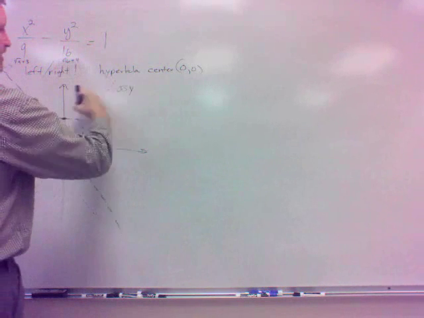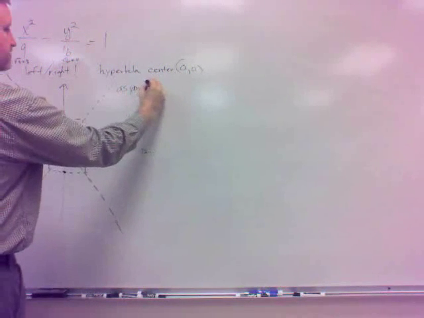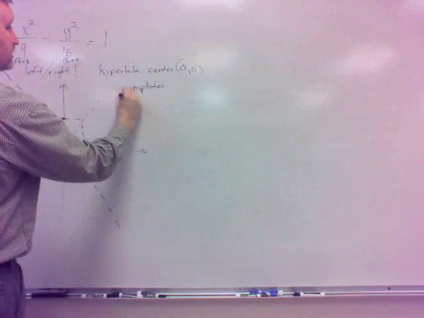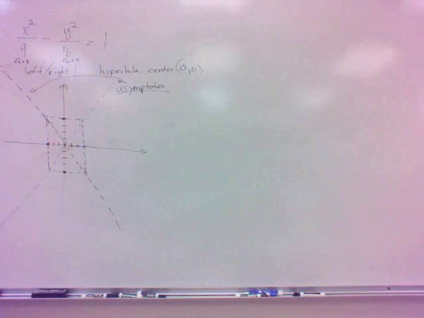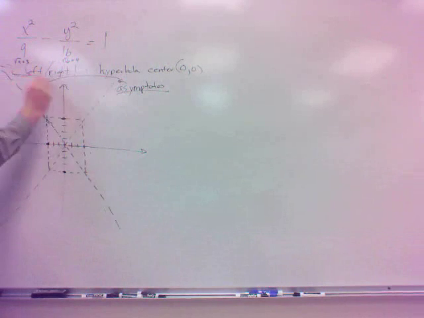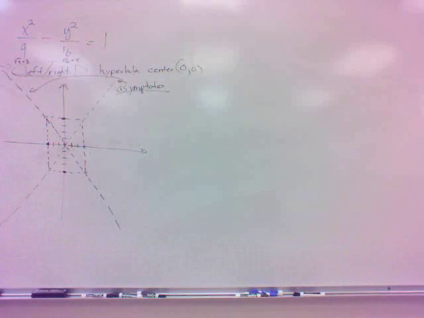So you draw the box, the rectangle, and then draw the asymptotes by the diagonals. That's what my graph is going to be drawn to. Now, since we got the x squared first, I want to draw it with right and left branches.